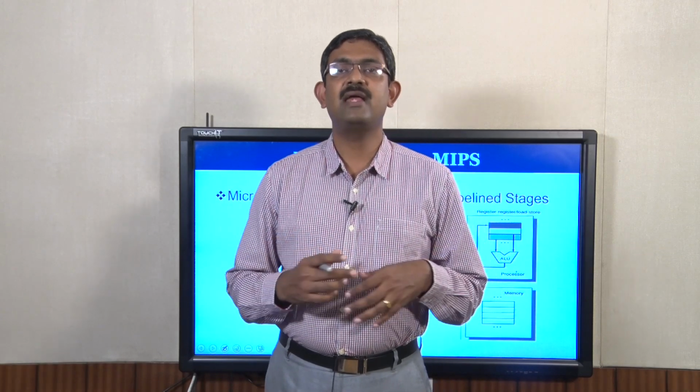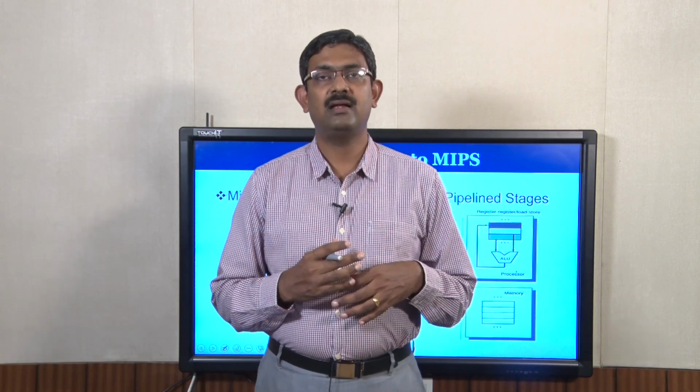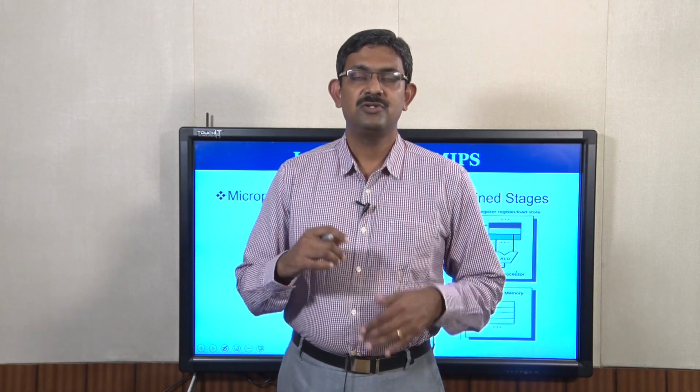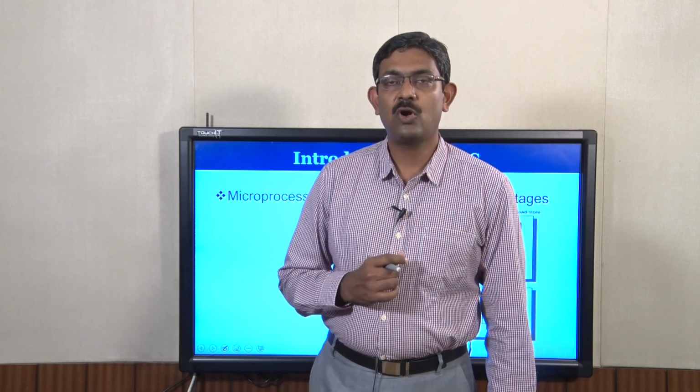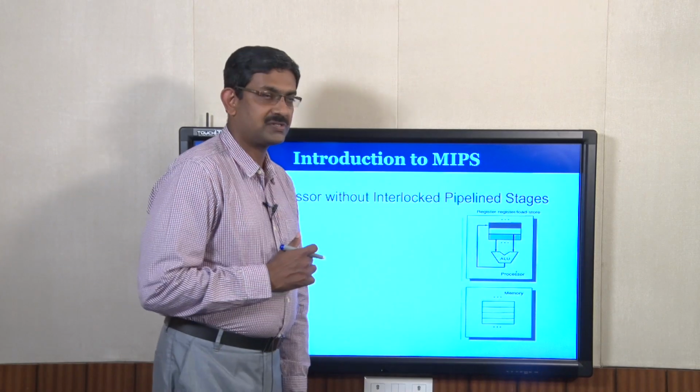In the case of a CISC architecture, you have instructions of variable length and they will take a variable number of cycles to complete. So, in today's lecture, what we are going to consider is a very popular RISC architecture known as the MIPS microprocessor.